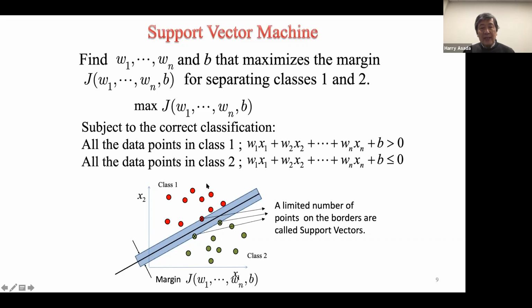What we'd like to do is to find W1 to Wn and B so that the separation between these two classes is broadest. Of course, we have to classify all the sample points correctly. If you plug the data points in and evaluate this linear function, if it's positive, then it's classified as class 1, and negative or 0 is classified as class 2.